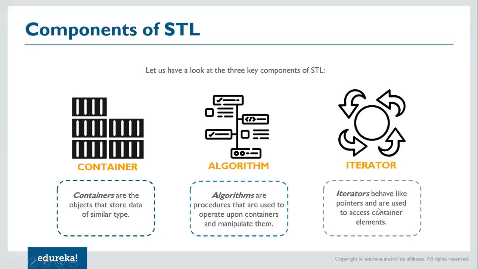Iterators behave like pointers and are used to access the container elements. So basically, if container is the place to store the data and algorithm is the logic that is applied on that data, then iterator is a reference or a pointer to that particular data with which you access those elements and perform operations on them.